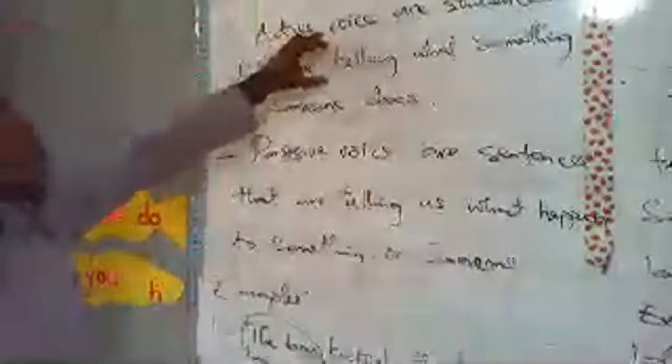But for the benefit of some of us that might have forgotten, I'm going to remind us that active voice are sentences that are telling what something or someone does. That is in subject position. The opposite of active voice is passive voice, and it's telling us about what happened to something or someone. This will be in a subject form, and this one will be in an object form.